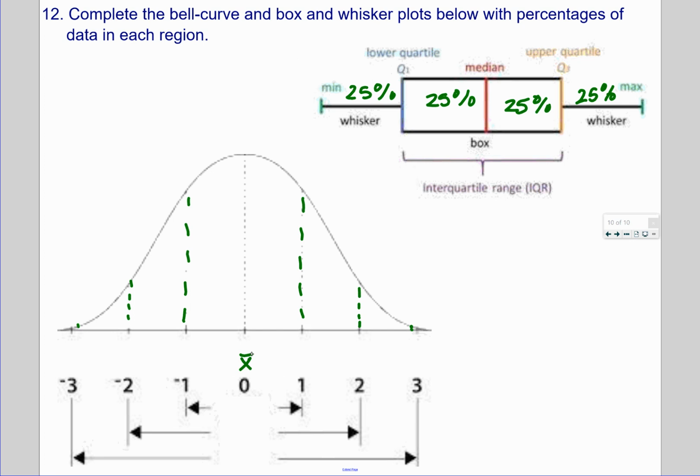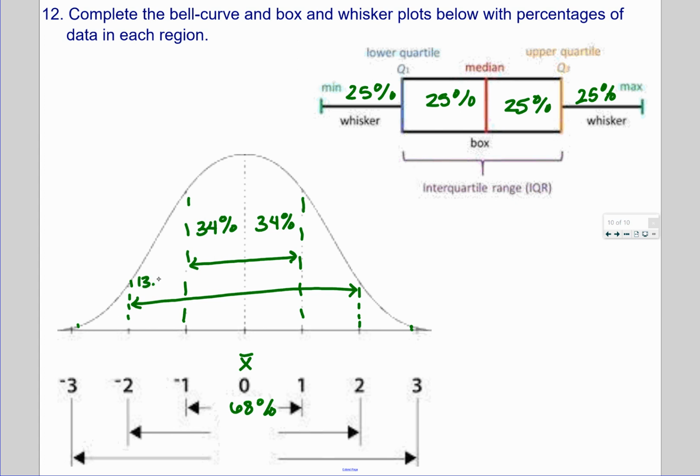Within one standard deviation is what percent? Within one standard deviation total is 68. And then you can always break that down into pieces and say that 34 and 34 are on the left and the right. Okay. Within 2 standard deviations is what percent?